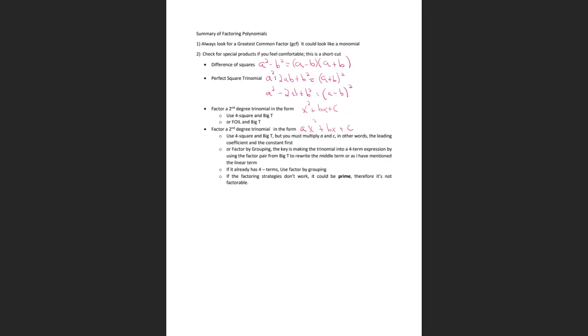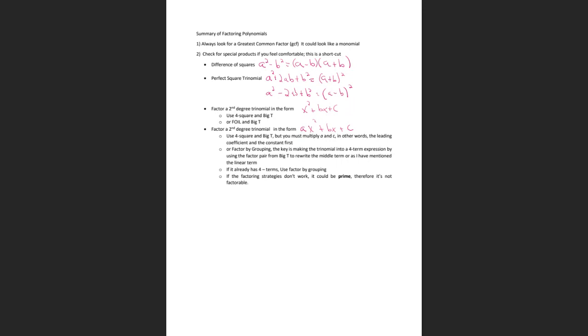We also talked about factoring second degree trinomials where the coefficient was a 1 here. Remember, when it looked like this, all we really had to do is focus on the constant. So you can use 4 square and big T, or you can just use FOIL and big T. Big T is a good way to organize the factors of the constant to add up to give you this linear coefficient.